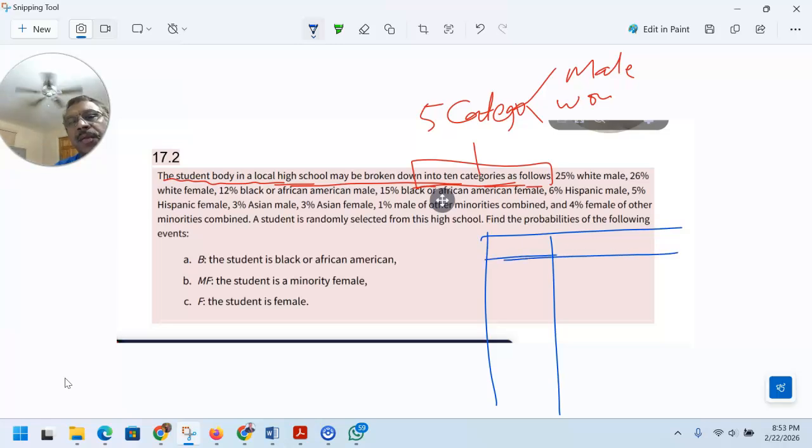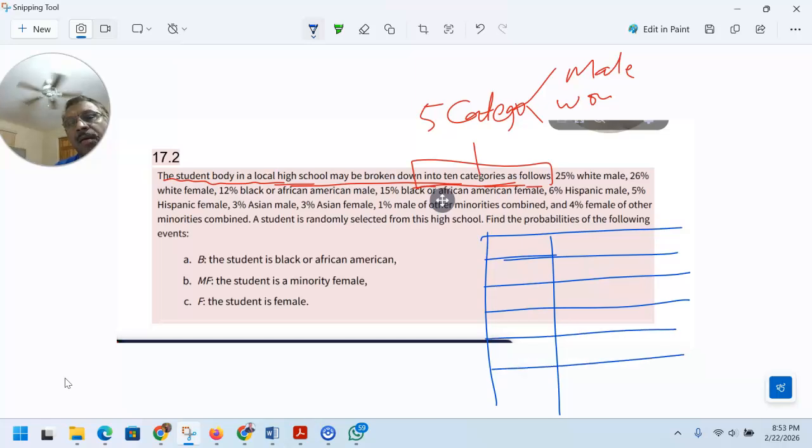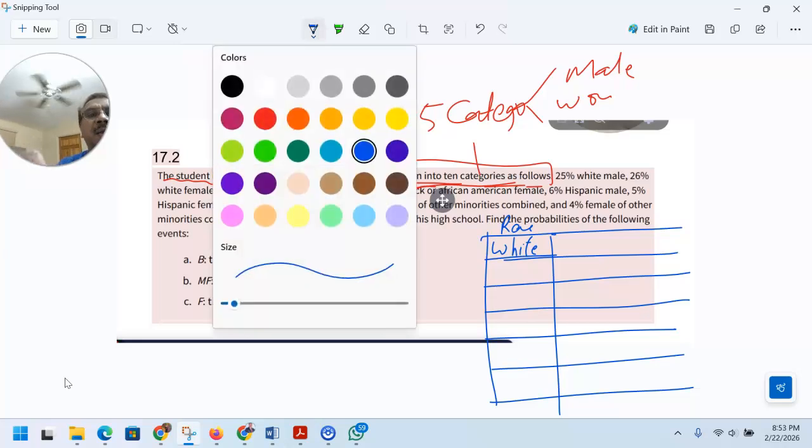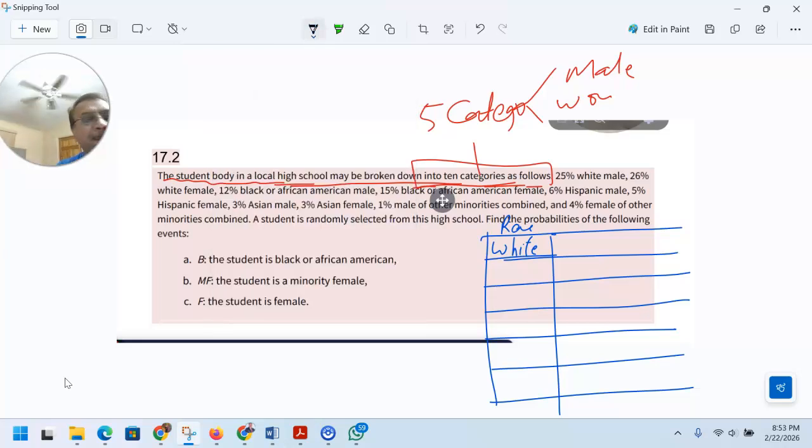Let me start with the gender. I'll make 5 rows to show the type of ethnicity, or the race. Maybe the first one is white. Let me write this again so that you really get this one.